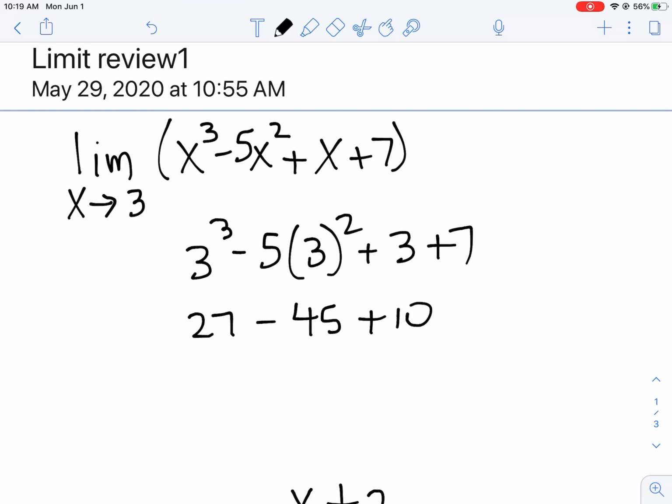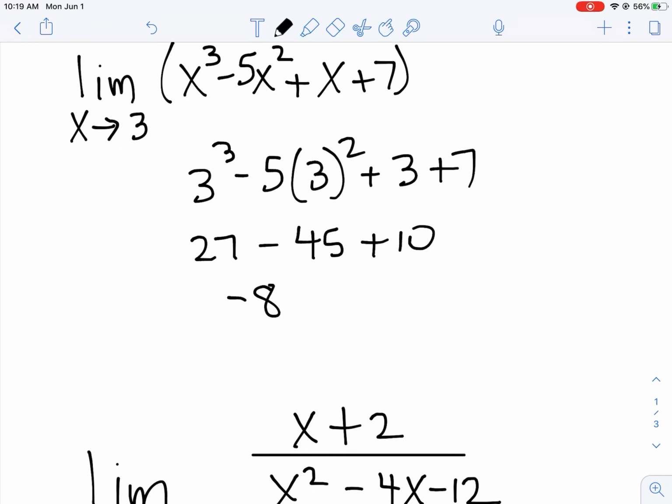I forgot to do this on my calculator before I started the video. So 27 minus 45 plus 10 is -8. Okay, so that's the limit.